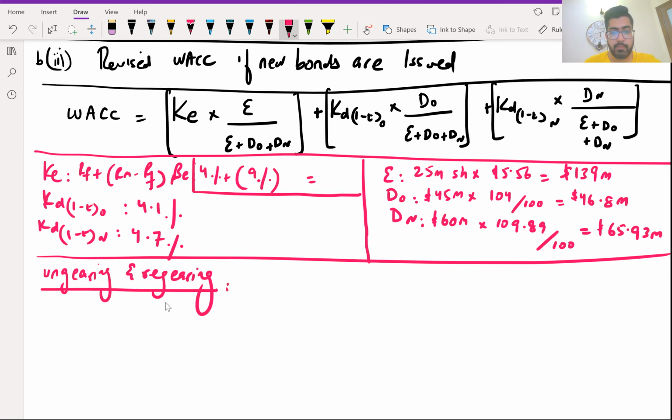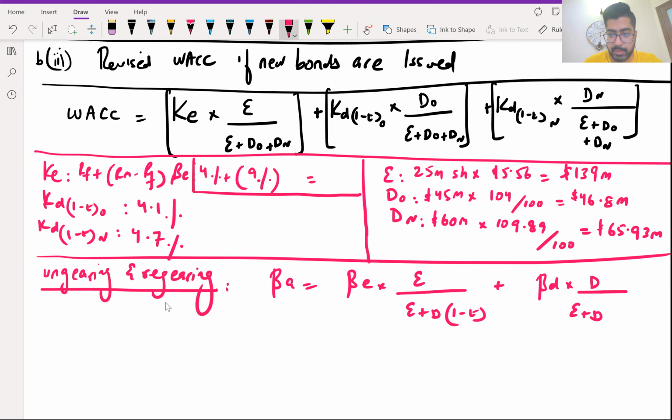In this you use the equation of beta asset, which is beta equity into equity proportion of the company plus beta debt into debt proportion of the company. Whenever you're entering into a new line, it's beta equity into equity proportion plus beta debt into debt proportion. You do ungearing and regearing.